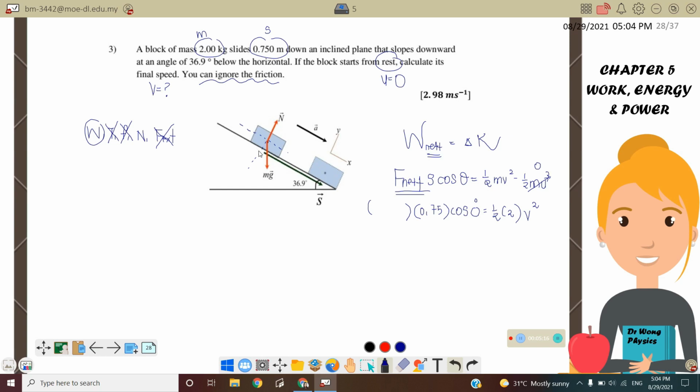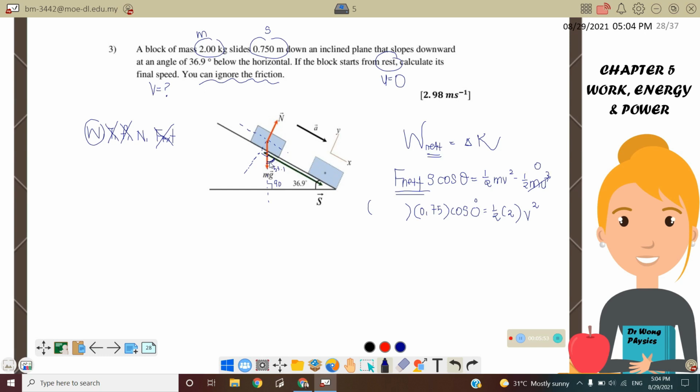Now we need to resolve it into x and y components. For mg, this angle is 36.9, and here will be 90 degrees. If you look at this triangle, the angle here is 90 minus 36.9. If you press the calculator, 90 minus 36.9, you will get 53.1. Next, if you refer to this line, the x component and the y component are at 90 degrees.